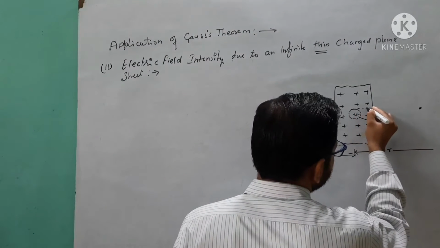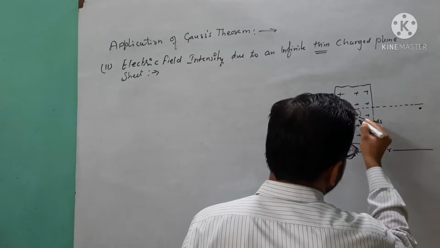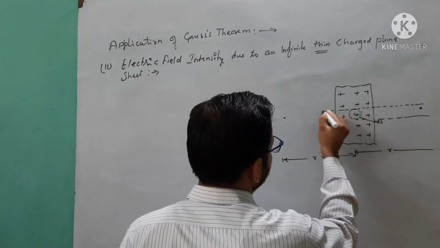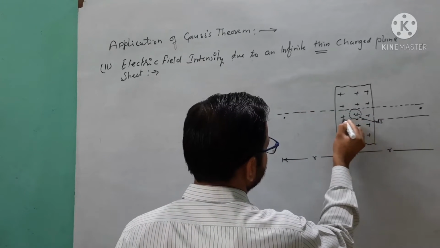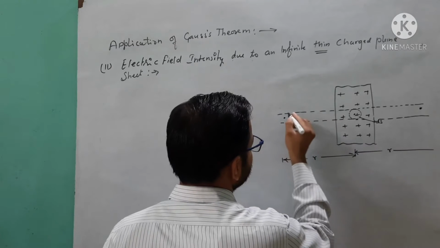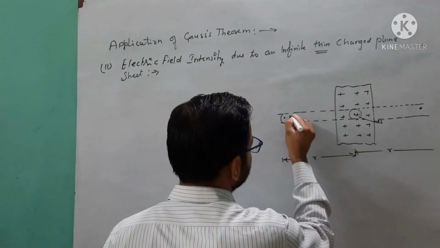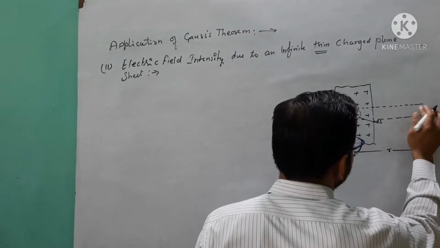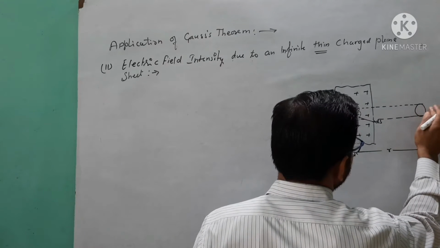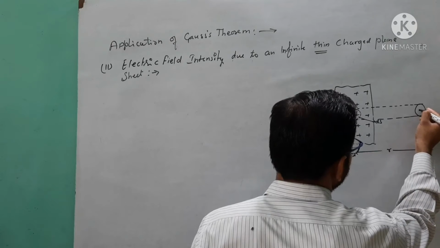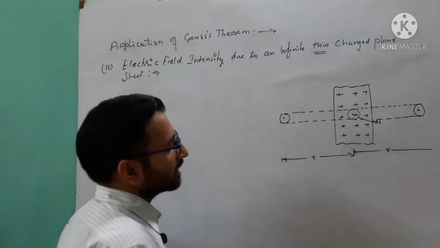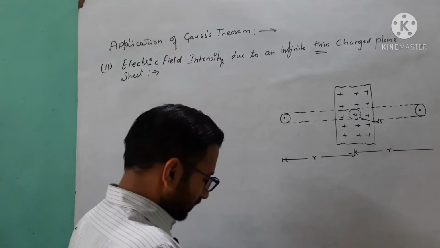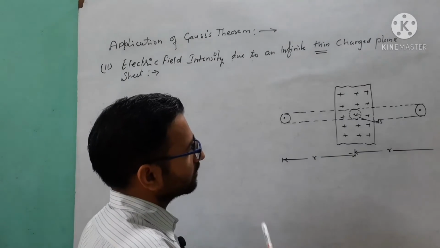On the basis of this cross sectional area, let us draw a cylindrical Gaussian surface, as we did in our first application, in which we will calculate the electric field intensity through the different areas of this Gaussian surface.